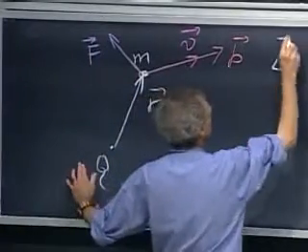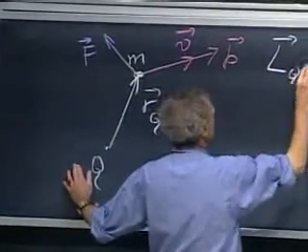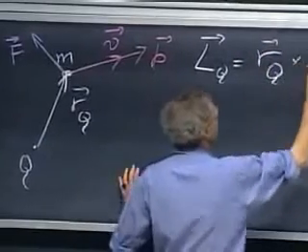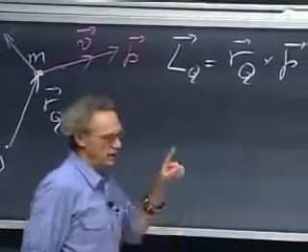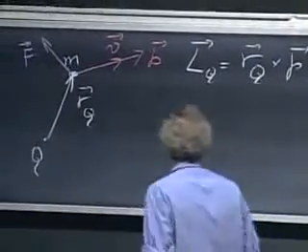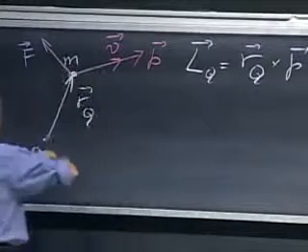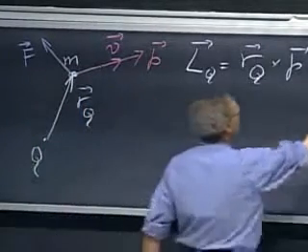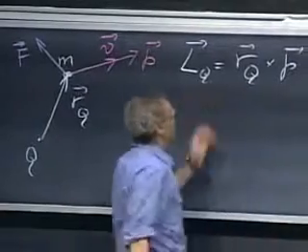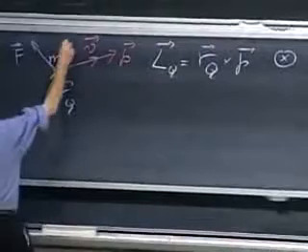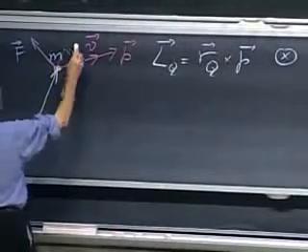Then the definition of angular momentum relative to that point Q equals the cross product of the position vector with p. And that is my equation number 1 there. The direction is perpendicular to the blackboard, and it will be, in this case, into the blackboard. And the magnitude can be calculated, provided that you take the angle into account.